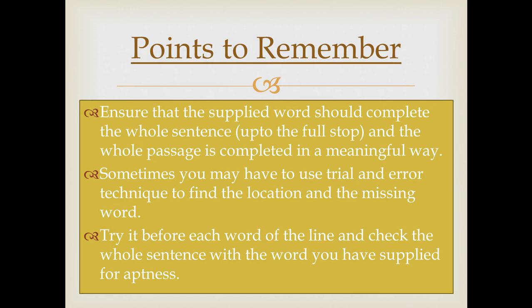We have seen in our previous error finding also that one sentence may take 2 to 3 lines to complete, right? So once you supply the word in a line, you have to read it till the whole sentence is complete, that is till full stop, and you have to see whether the word is matching, whether there is proper coordination between the words, whether it is making complete sense, right?